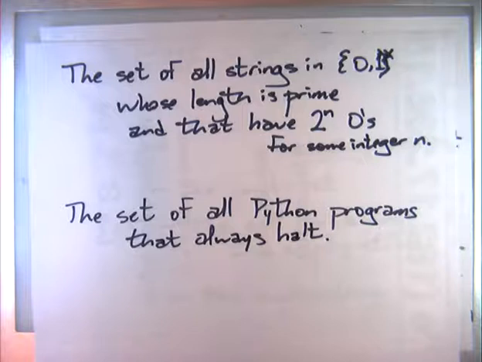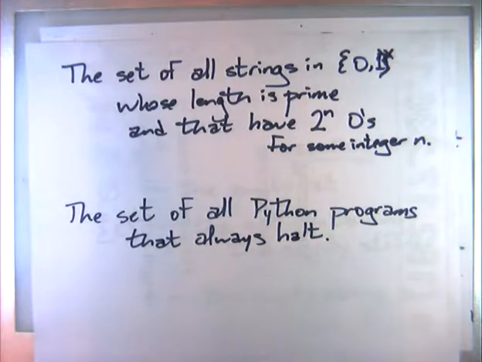It's a string over, roughly speaking, the ASCII, the 128 element code, minus the, let's say 96 element printable part of the ASCII code. Okay? And there is a well-defined sense in what it means for a Python program to halt on every input. And so this is a perfectly good definition of a language. Okay?